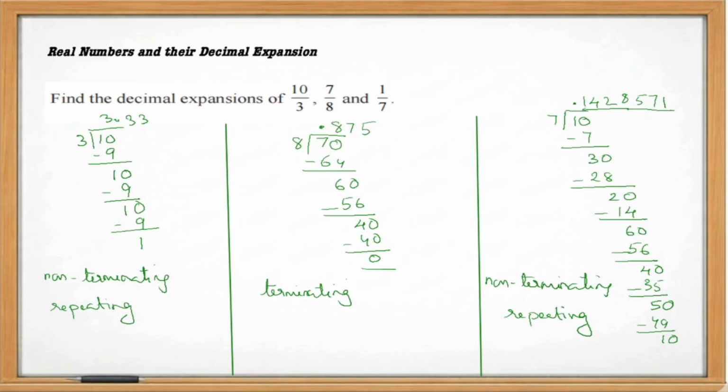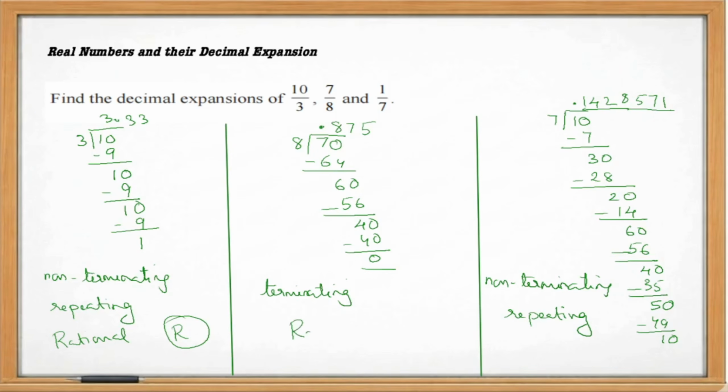Again, one more important thing. See, if you get a number like 10 by 3, and if the decimal expansion is non-terminating repeating, you can say that they are rational numbers. See here, it's non-terminating, it's repeating. So in this case you can say that they are rational numbers, and it can be represented by r. Next one, again in the case where the decimal expansion is terminating, this type of decimal expansion are also rational numbers.